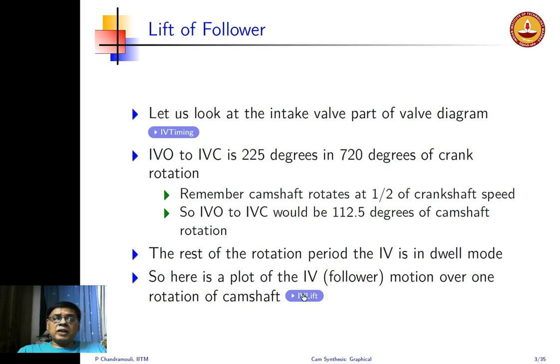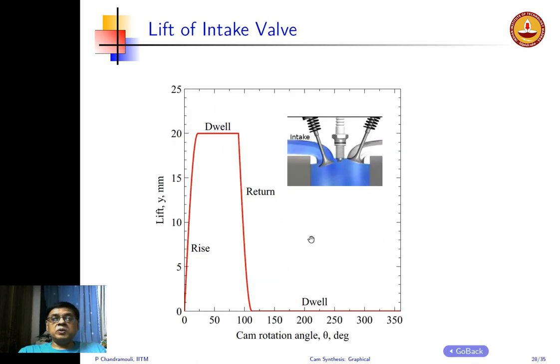So if I roughly plot this as a function of cam rotation angle, this is how it will look. This is the intake valve alone I'm looking at. I'm not looking at the exhaust valve, but you can have a similar diagram with these angles being a little bit different. So you saw in that original video that this opens rather quickly and then stays there for quite some time and then closes quickly, and then of course it remains in a dwell beyond this.